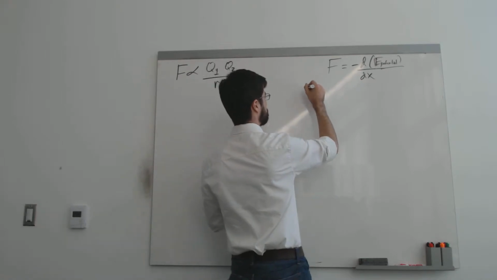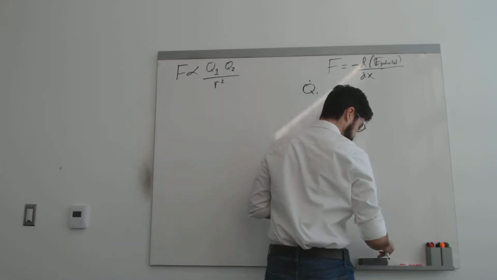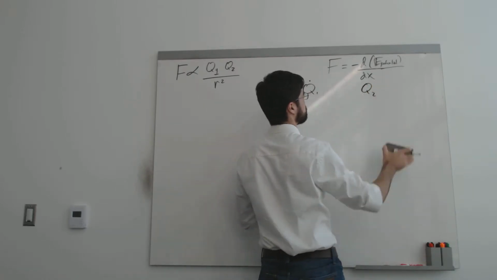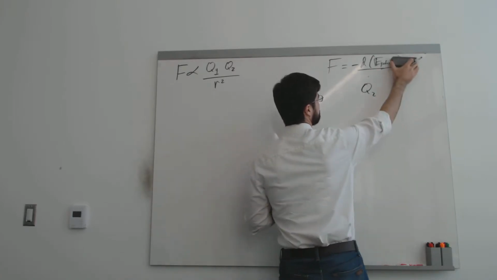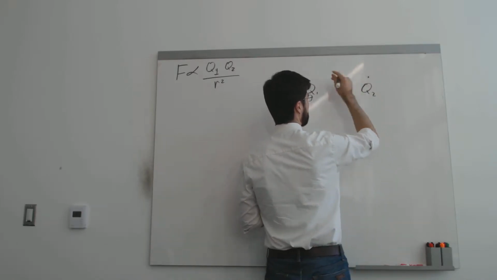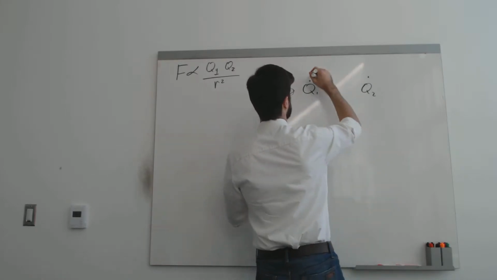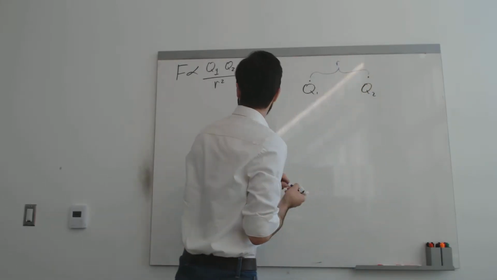So if you have two charged species, I will call them Q1 and Q2. These are my two charges. They might be a certain distance away from each other. I will call this their distance.